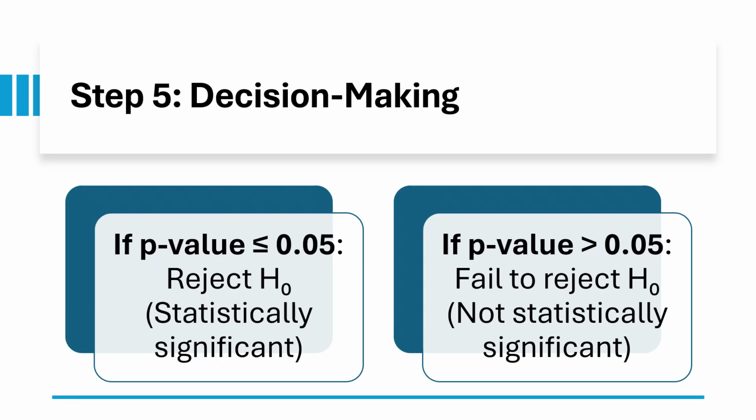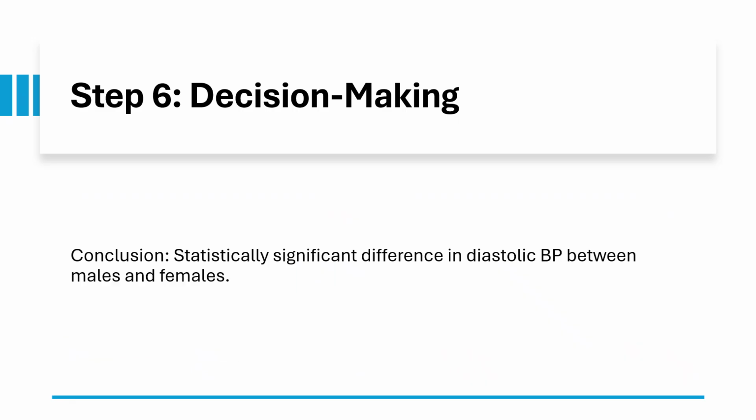And if the p-value is above 0.05, you state that we fail to reject the null hypothesis, stating that there is no statistically significant difference in diastolic blood pressure between males and females. Since our p-value was less than 0.05, we can conclude that there is a statistically significant difference in diastolic blood pressure between males and females.